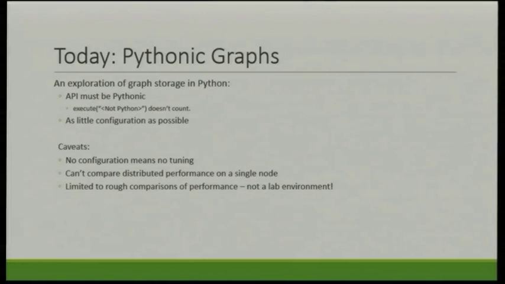So yeah, no configuration, no tuning. My testing was on a single AWS node, so you're not going to get a good idea of what happens if you try and scale it across a bazillion nodes. I can't answer that question. It would take me lots more learning to work that one out.